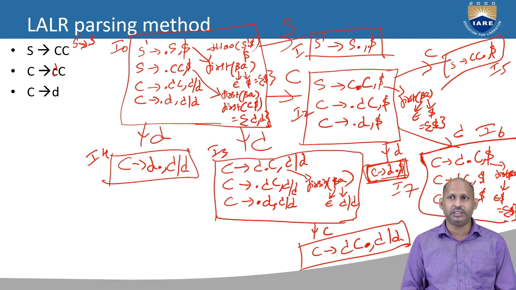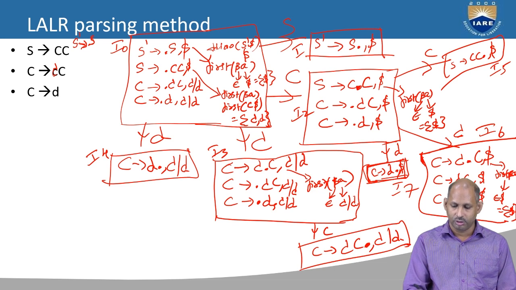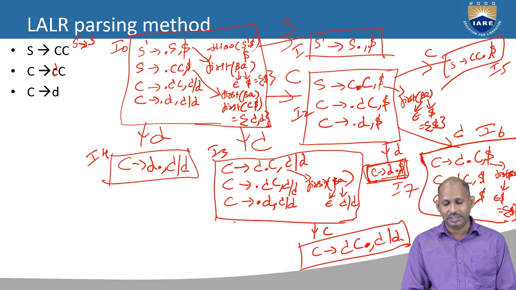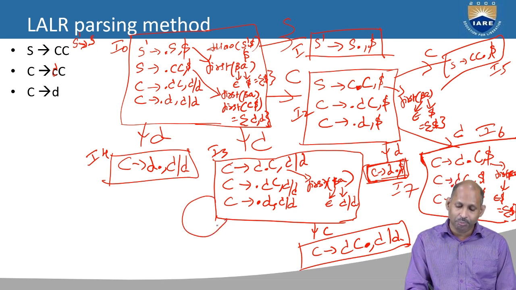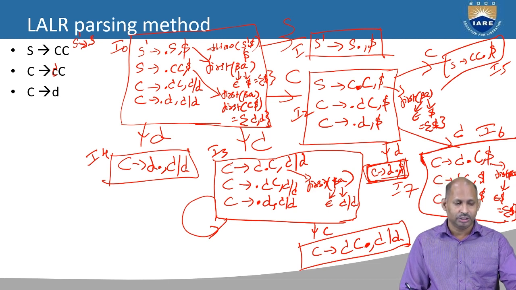Variable C equals terminal C followed by C dot, gives small c slash D. Next, on terminal C, we get the same productions of this group only.